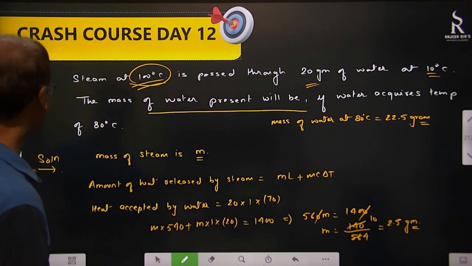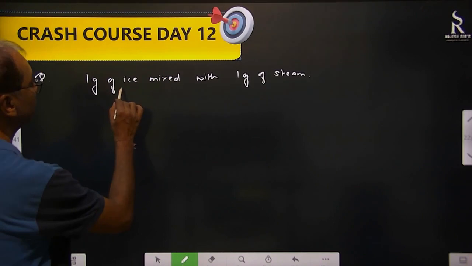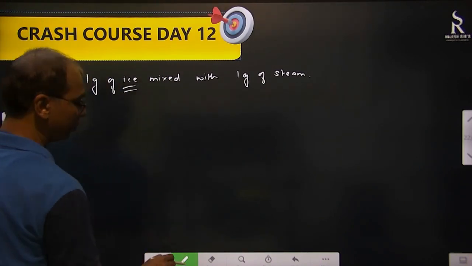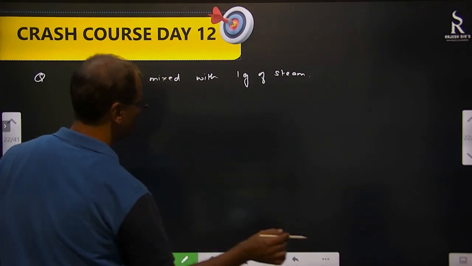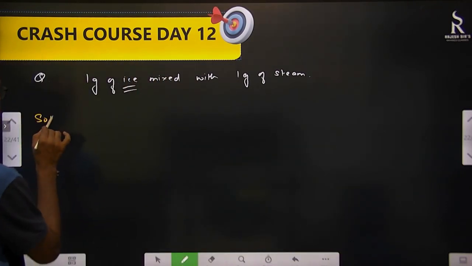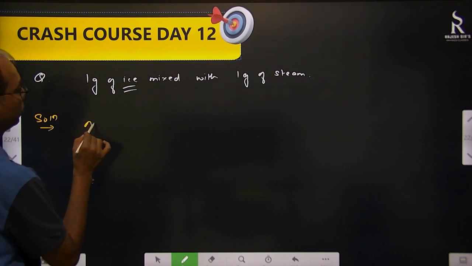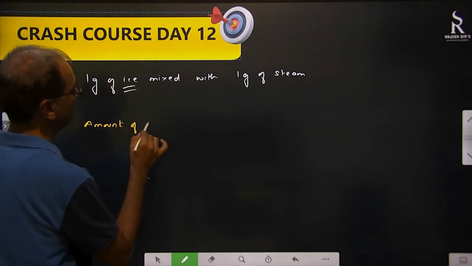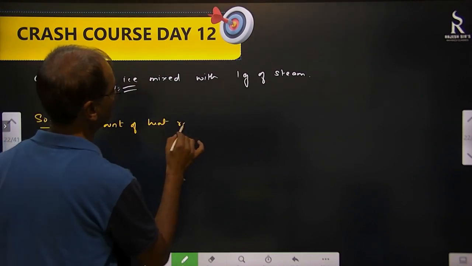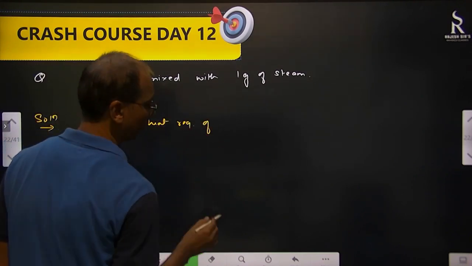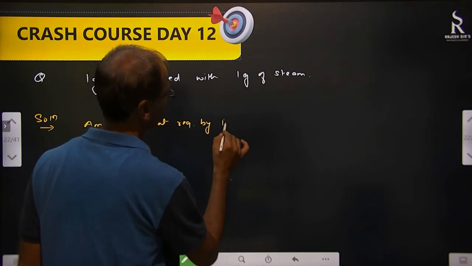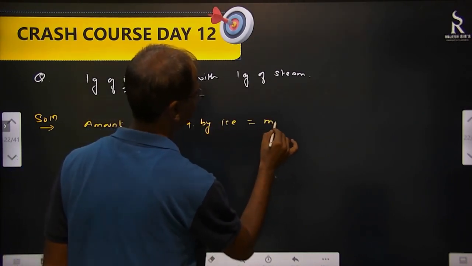Okay. So see now, here what I am saying, ice latent heat is less. So first we will see how much heat is required for conversion of ice. Okay. So solution says amount of heat required by ice is mL. Okay.